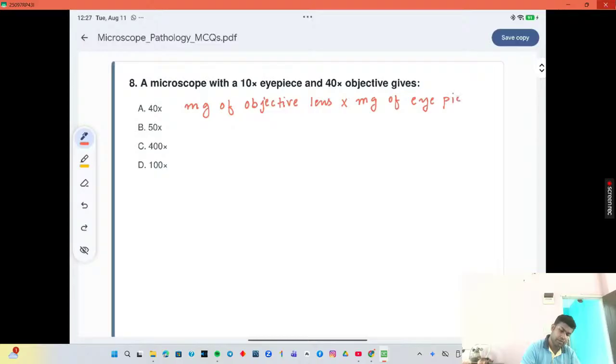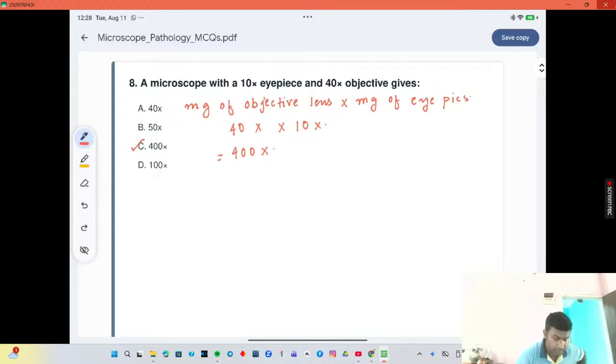So here the total magnification will be 40x into 10x is equal to 400x. So here the right answer of this question will be 400x.